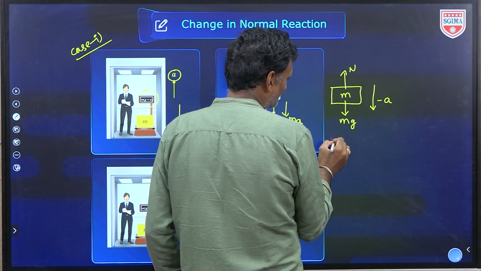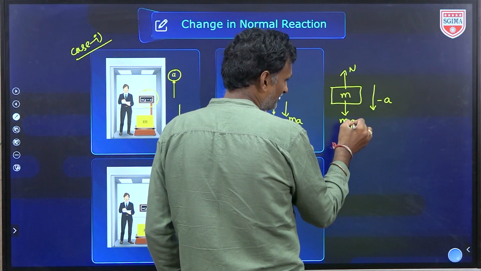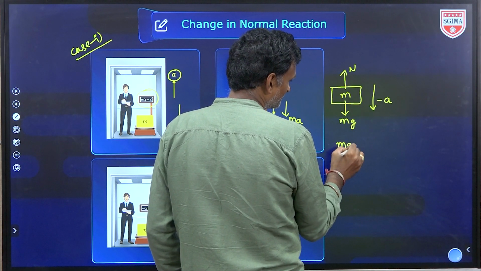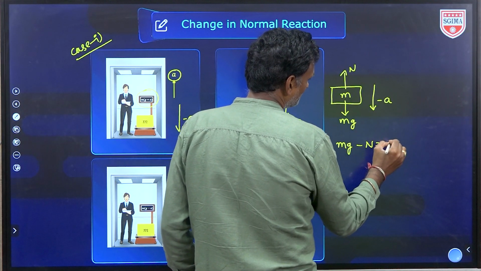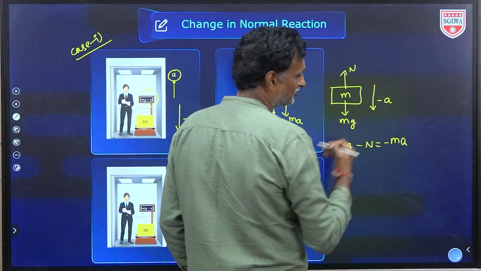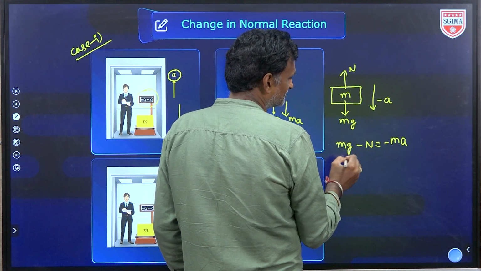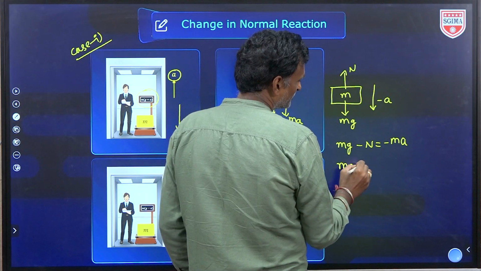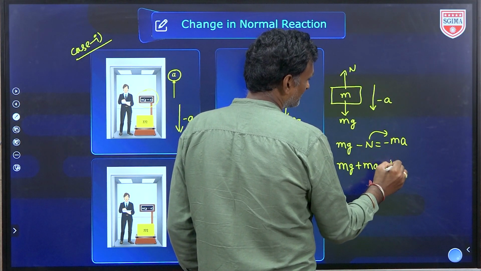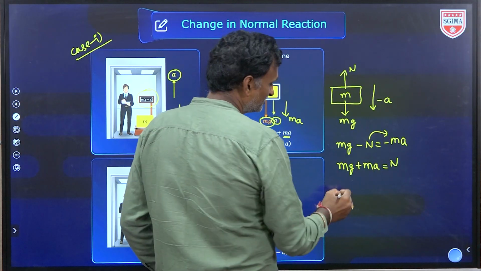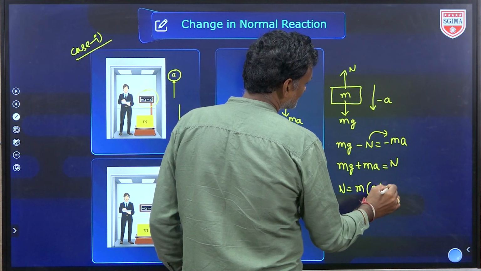In this case N is upward and mg is downward. So mg is greater, and mg minus N equals minus ma. We bring minus ma to the left side, so it becomes mg plus ma. On shifting N to the right side it becomes positive, that is N equals m into (g plus a).